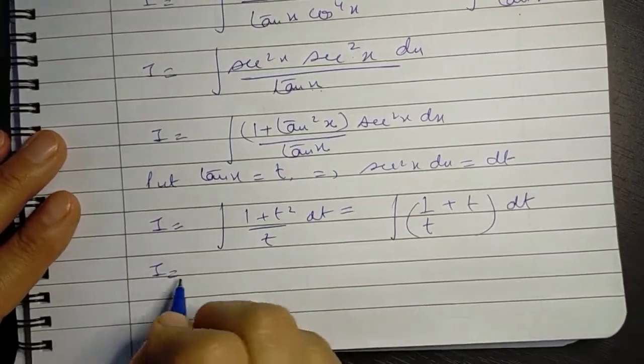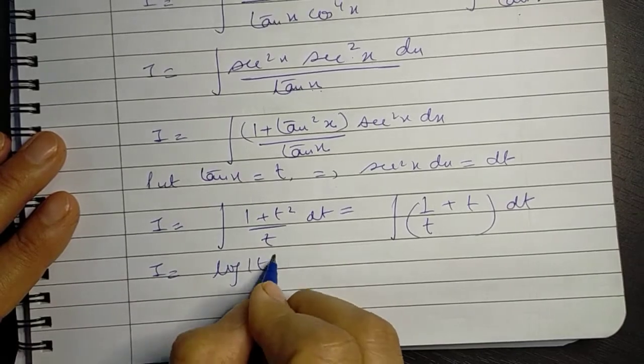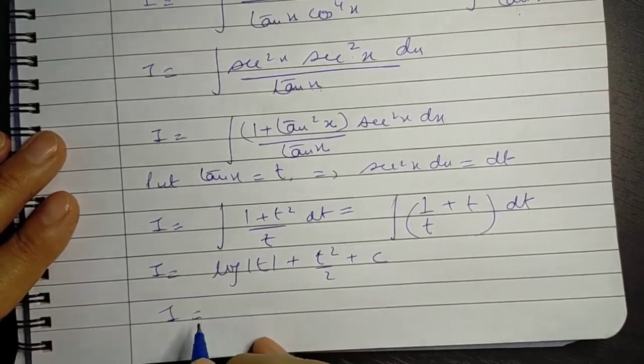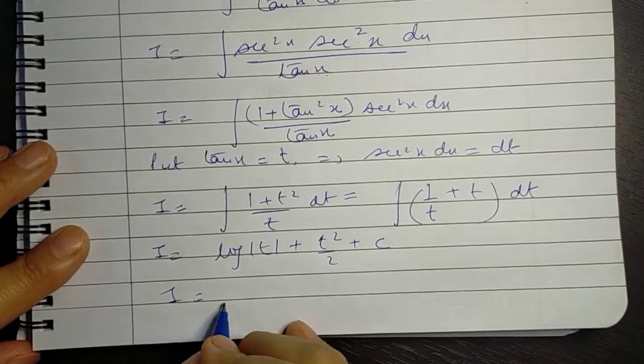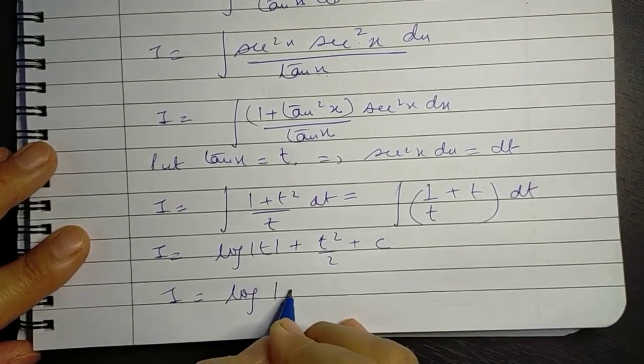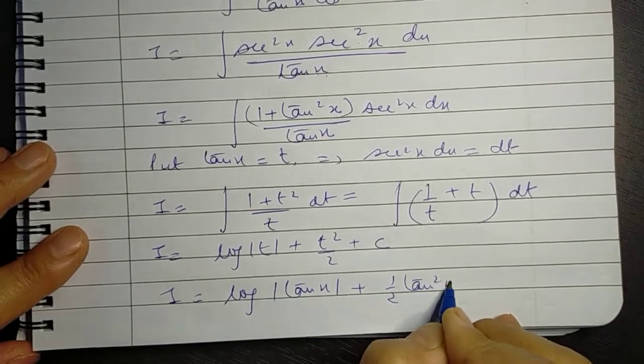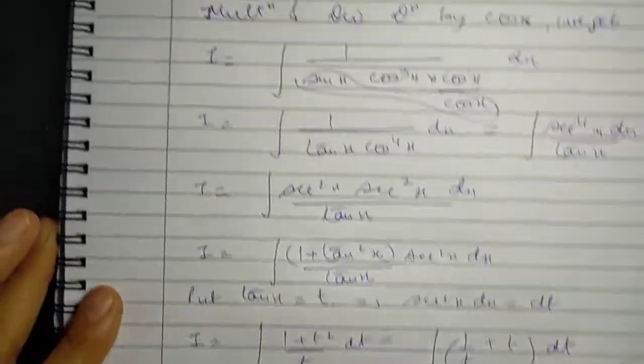We know the integrals of both: log t plus t squared by 2 plus c. Replace back t in terms of x, we get log of mod of tan x plus half of tan squared x plus a constant.